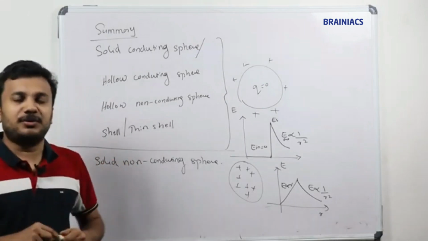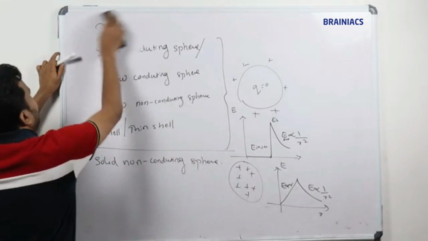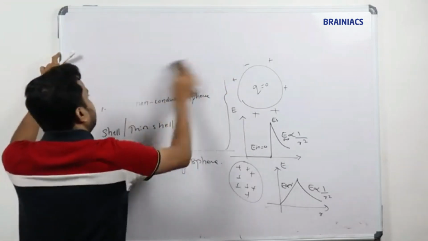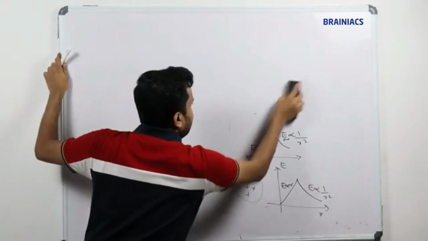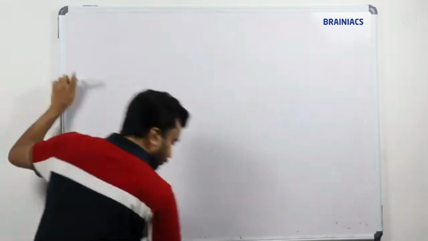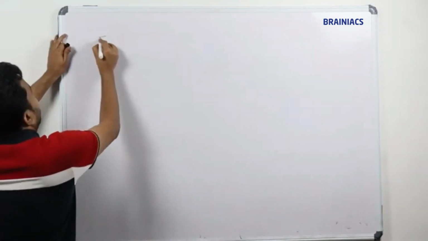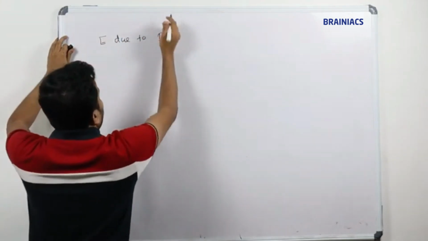Now in today's session we are moving forward. Write down the heading: electric field intensity E due to a disk.